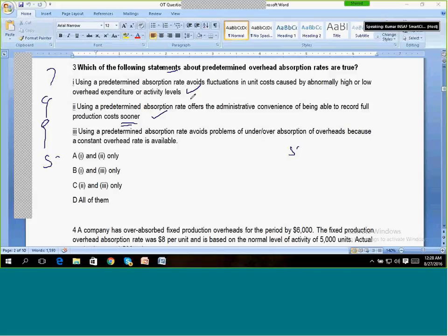Because we are using a predetermined rate, we will always have under or over absorption. Using the actual rates, we would avoid under or over absorption. So that one is wrong. The two right statements are 1 and 2, and the answer I think should be A.